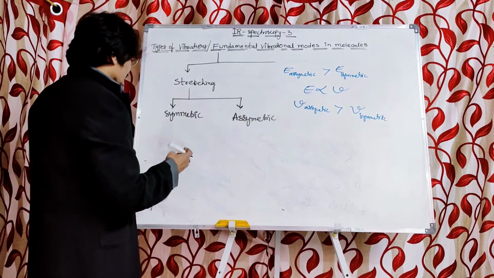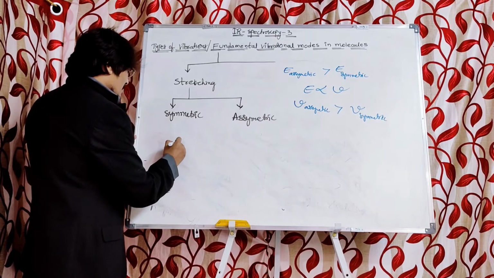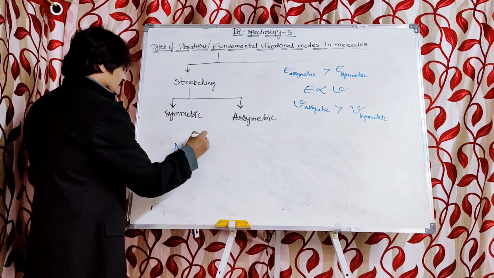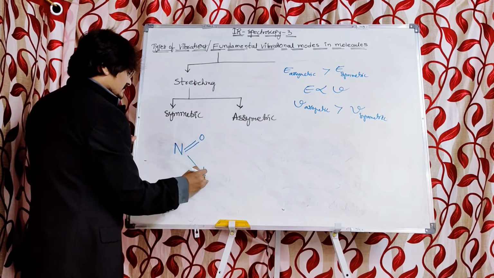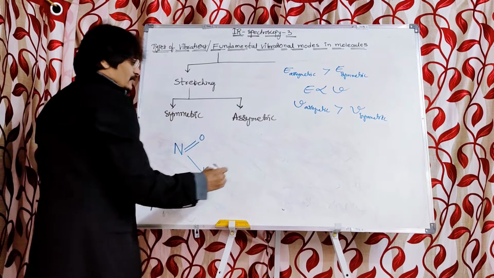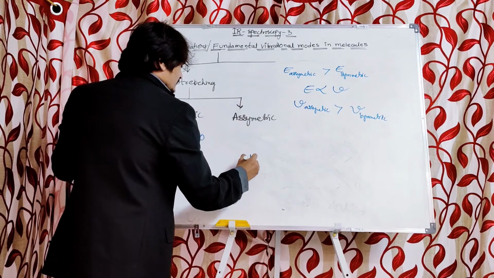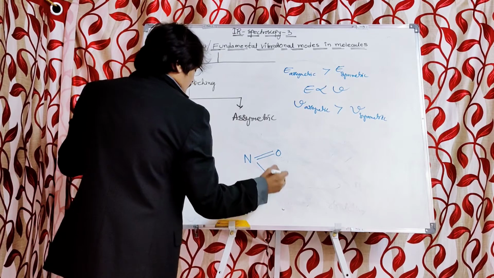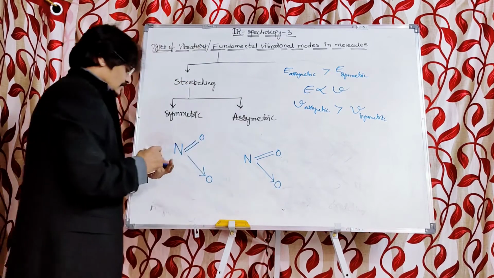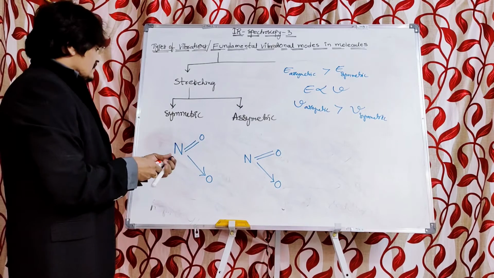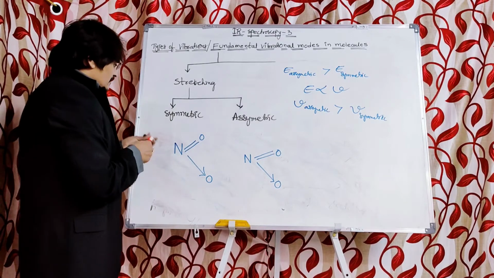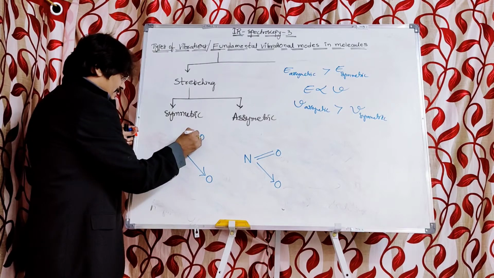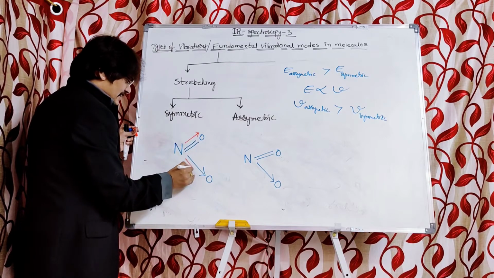Now, in order to simplify things, I will consider one example for you. Let us take the nitro group. Now you have to tell me, just guess, which is symmetric stretching and which is asymmetric.